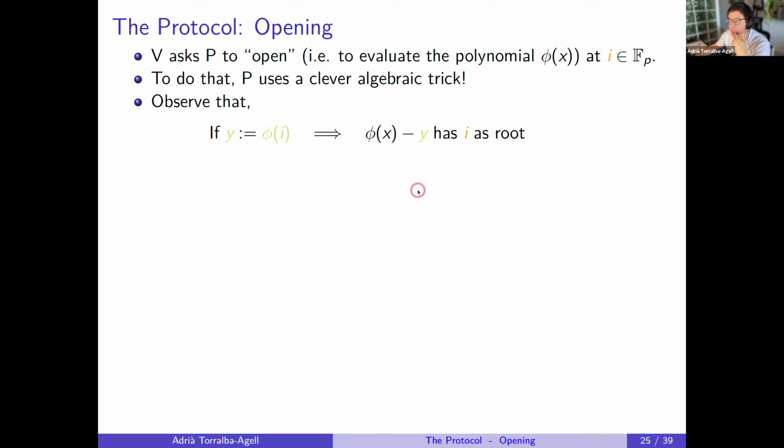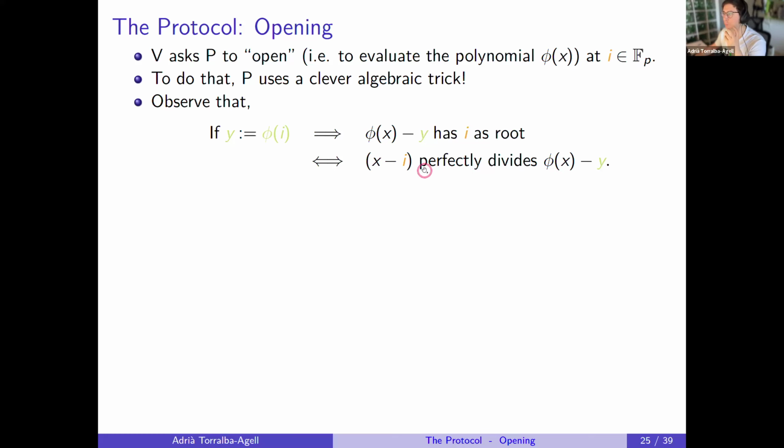This is a consequence of the fundamental theorem of algebra, and it is equivalent to saying that x minus i perfectly divides this new polynomial phi of x minus y.